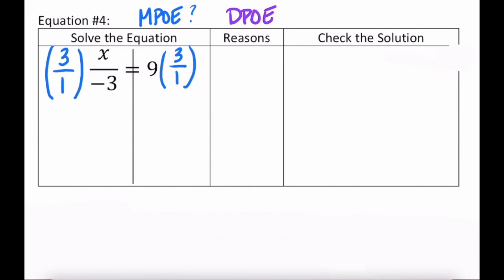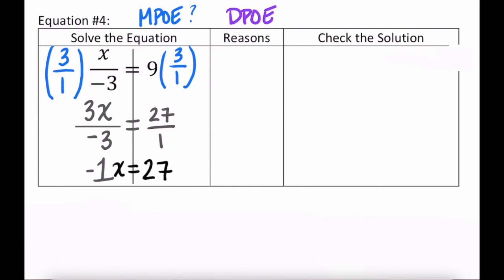Well, that would be 3 times x is just 3x, and 1 times negative 3 is negative 3, and 9 times 3 is 27 over 1. But here's the problem. 3 divided by negative 3 is negative 1, and negative 1x is negative x. And this is not a solved equation because this is a negative x, not x by itself.